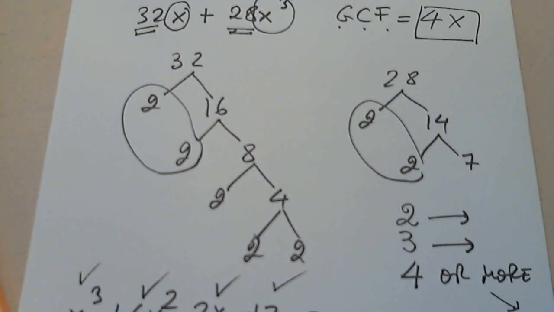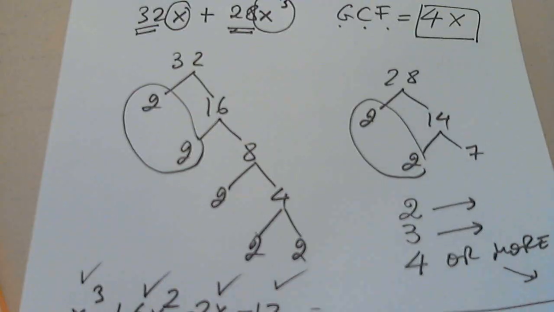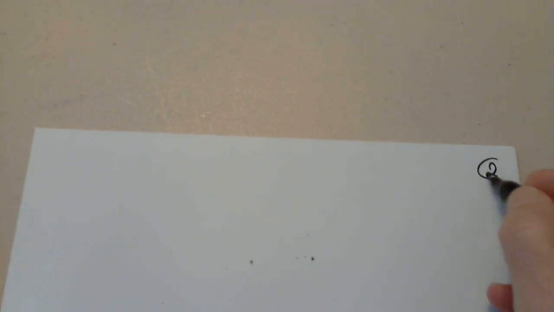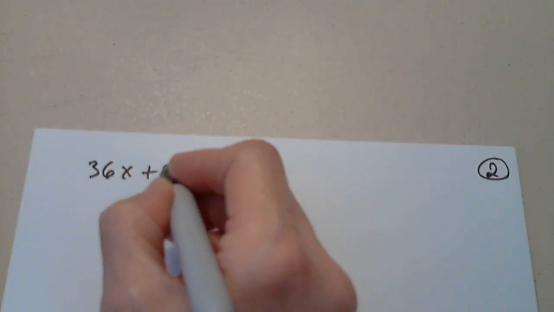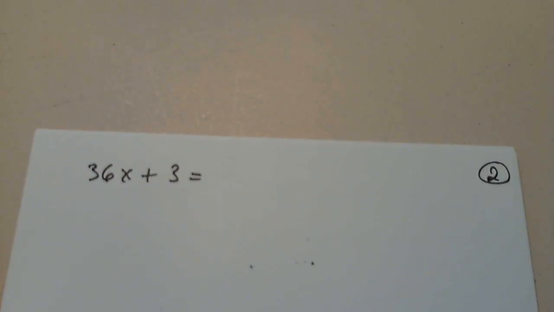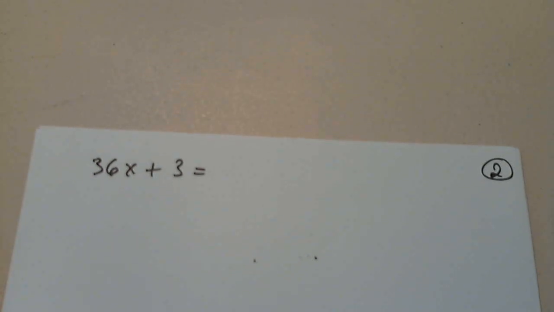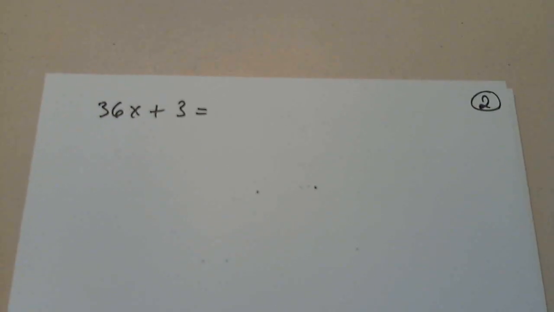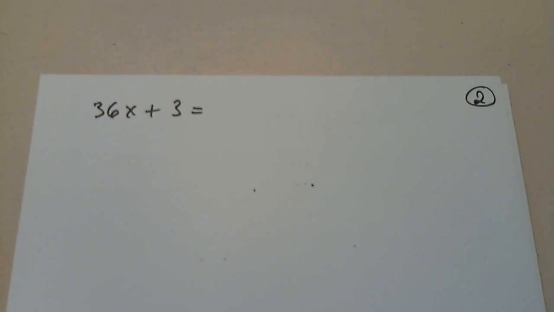What will you factor out in 36x plus 3? Is there a common factor, a greatest common factor?